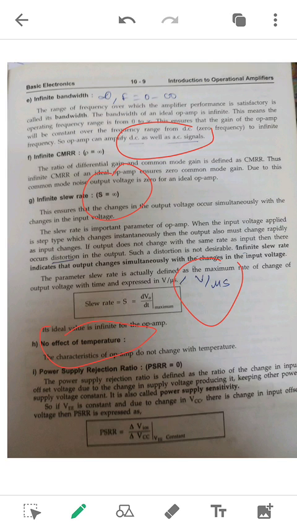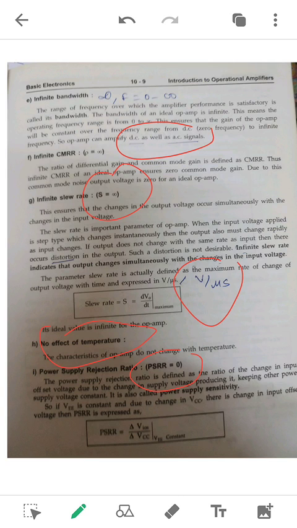Next one is the power supply rejection ratio, called PSRR. So PSRR is equal to 0. The power supply rejection ratio is defined as the ratio of the change in input offset voltage to the change in supply voltage producing it, keeping the other power supply voltage constant. It is also called power supply sensitivity.